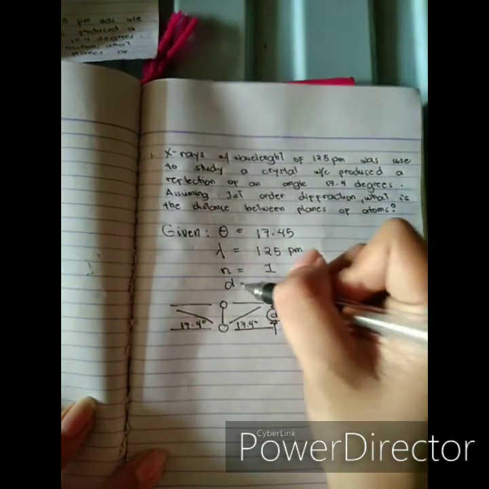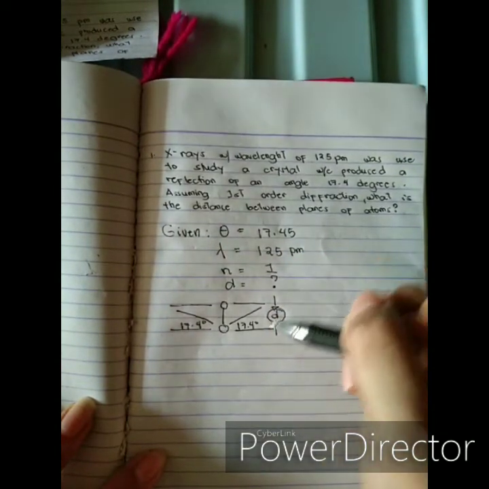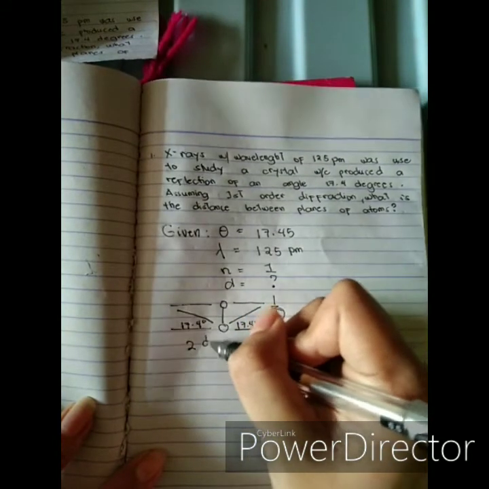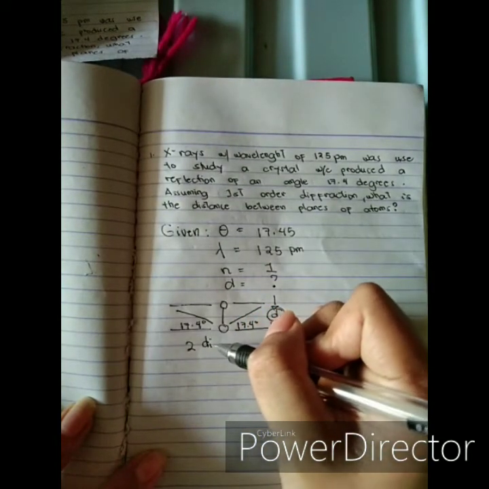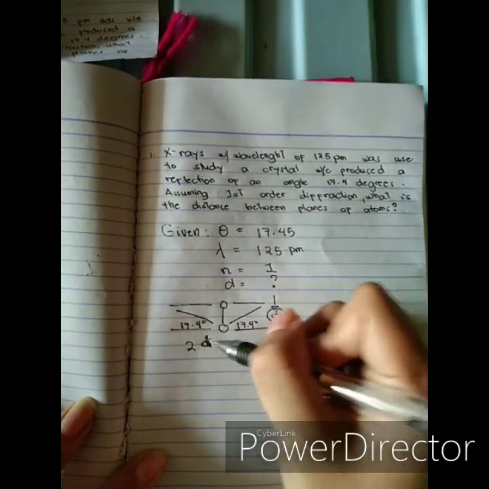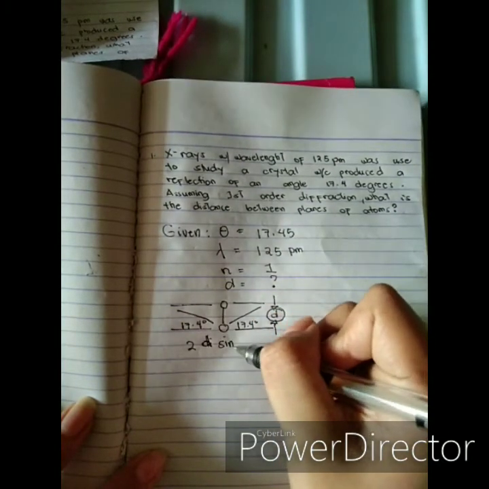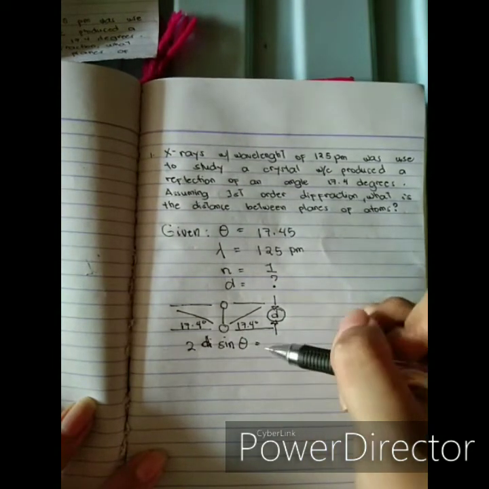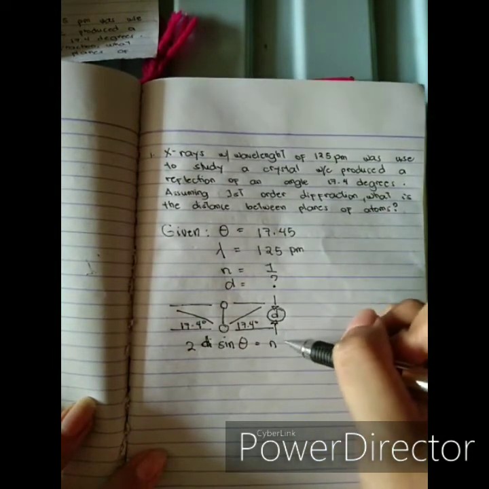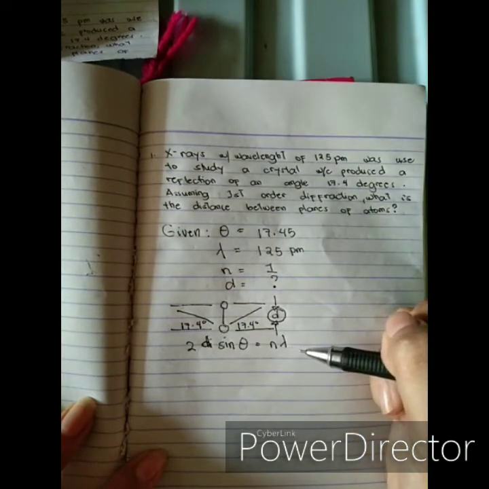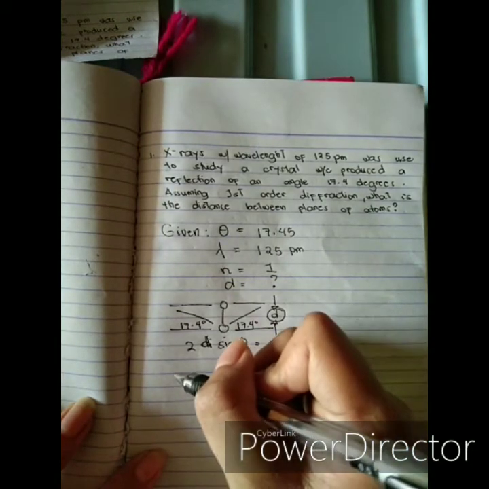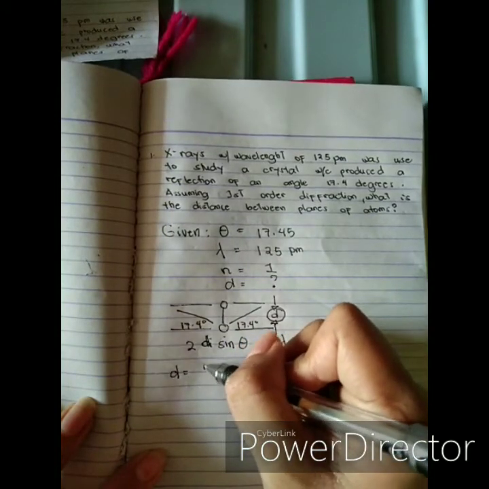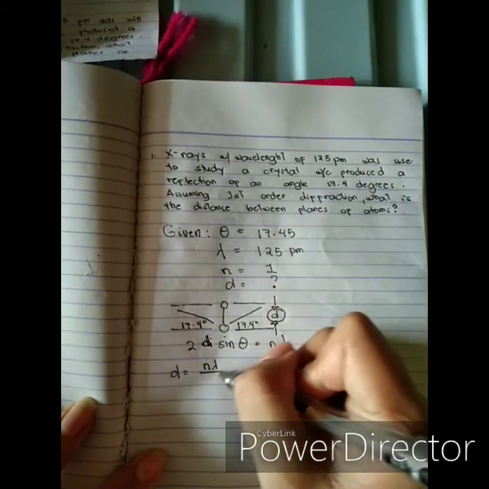D is the unknown. And now we are using Bragg's equation, which is 2d sin theta equal to n multiplied by the wavelength. So now let's derive the equation, since we are looking for the distance.